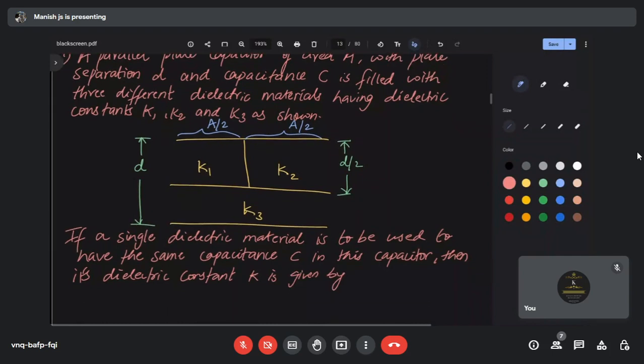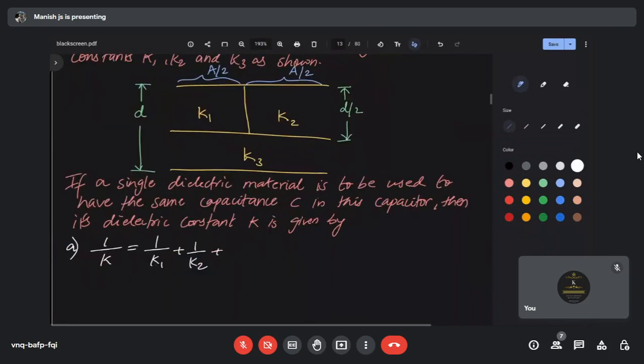So you have options. First, option A, 1 upon K is equal to 1 upon K1 plus 1 upon K2 plus 1 upon K3. And option B, 1 upon K is equal to 1 upon K1 plus K2 plus 1 upon 2 K3.